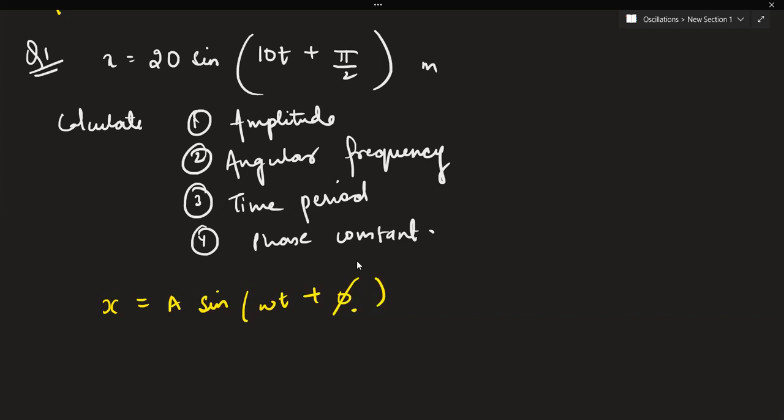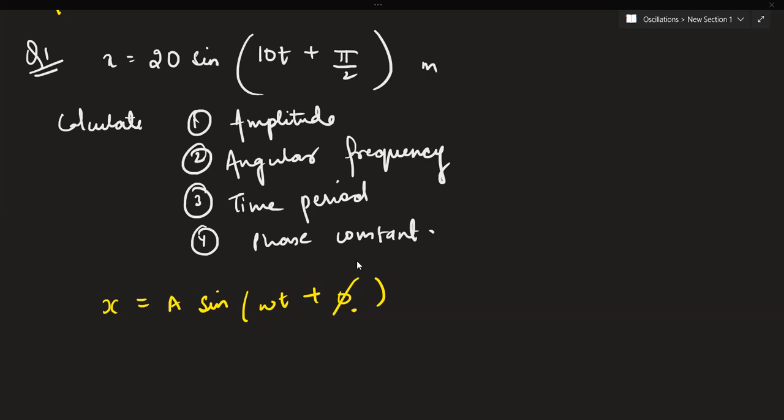What was A, Aisha? Ma'am, A is the amplitude, the max value of displacement.